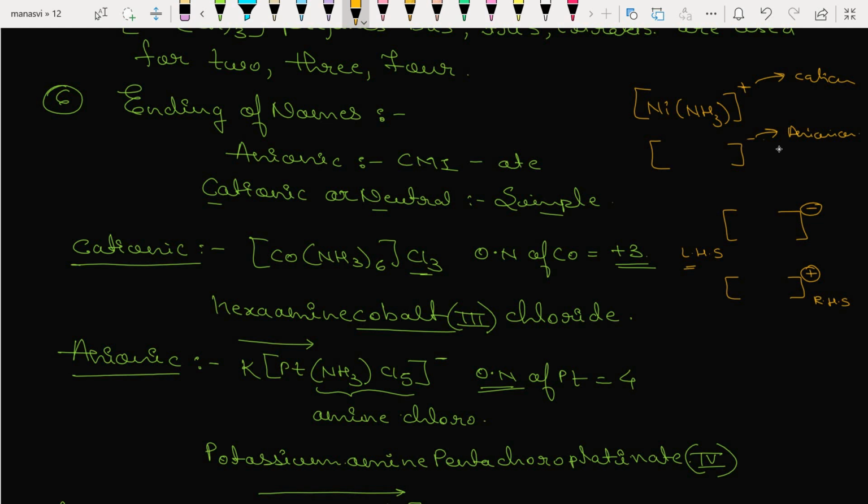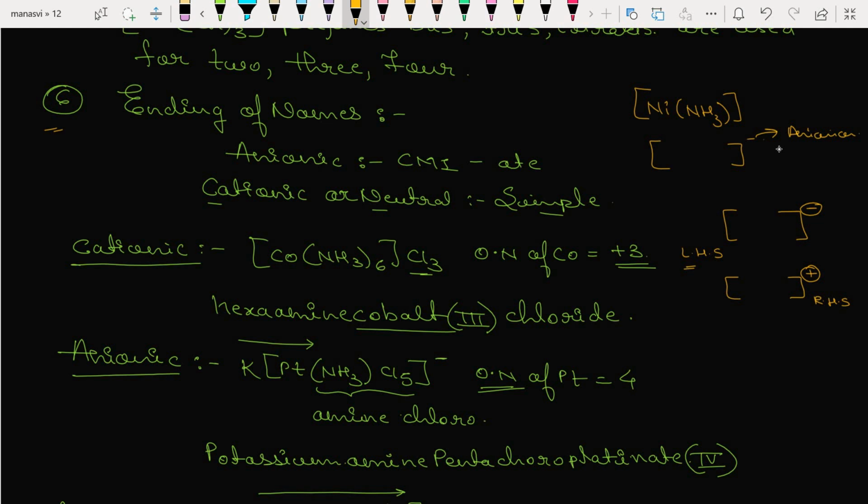Okay. Now come to the point 6th. If your central metal ion or your complex is anionic, the name of the central metal ion should end with ate. For example, cobaltate, ferrate, platinate, etc. If the charge on the complex ion or the coordination sphere is positive or neutral, then no characteristic ending is written.